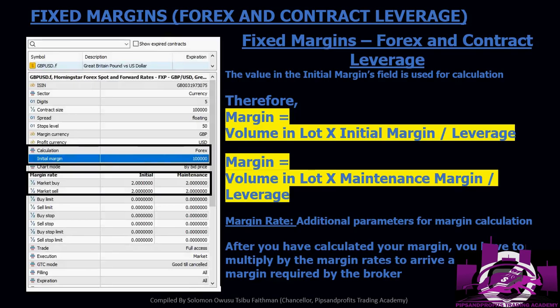But Forex is a bit different. With a fixed margin, if you have initial margin in your contract specification, then the margin is going to be volume in lot times initial margin. So at this particular point, it is not the contract size, but rather the initial margin over leverage.